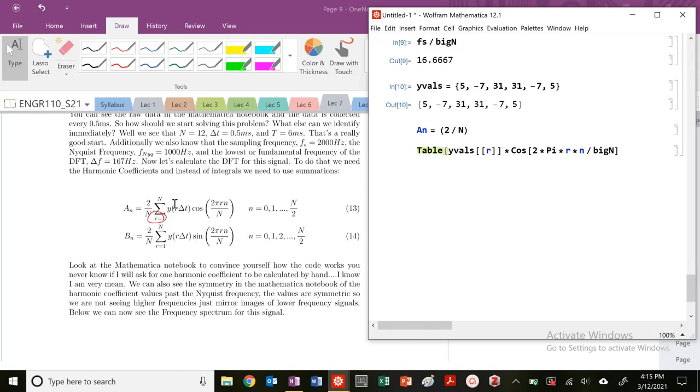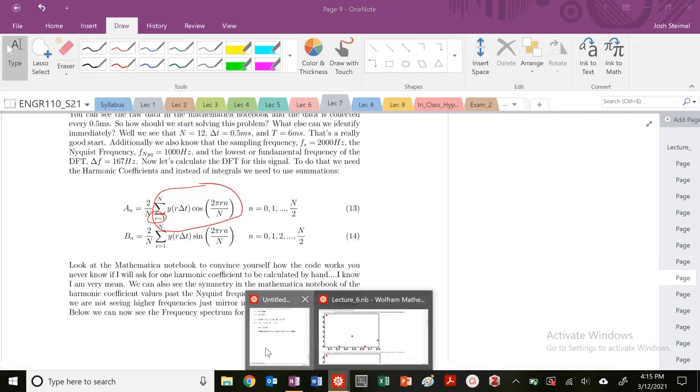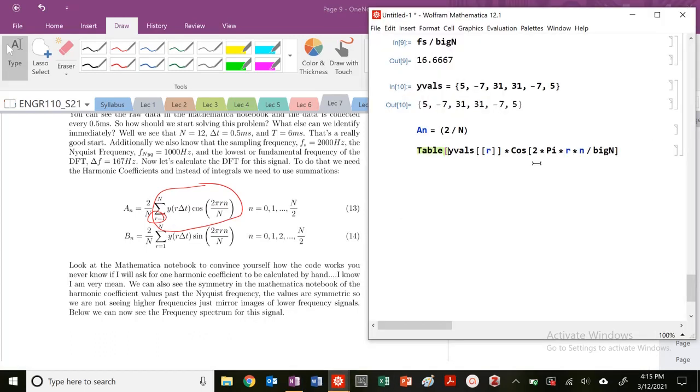We're doing a summation operation in this expression, so we need to pull out all of the data points, once we define our period. So r goes from 1 to the length of y vals.